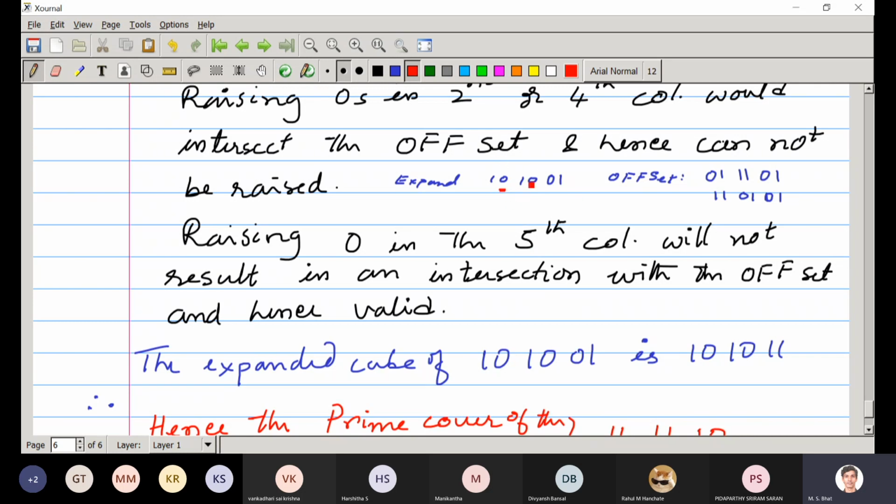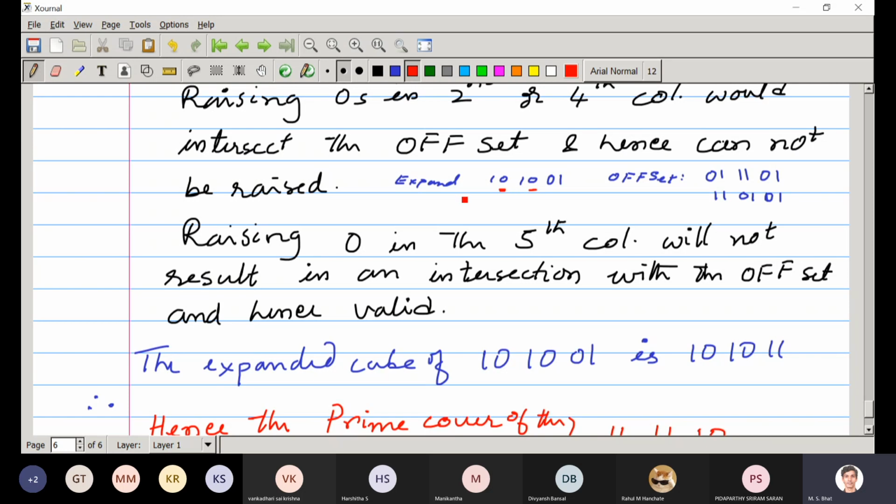That is, the intersection of this with this will hit the offset. Similarly, the intersection by raising this to 1 also will intersect with the offset. You can see that by doing a bitwise AND operation.